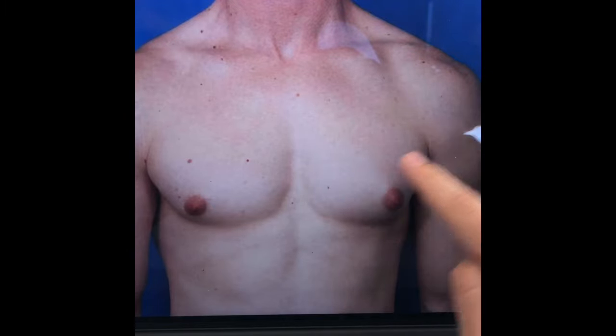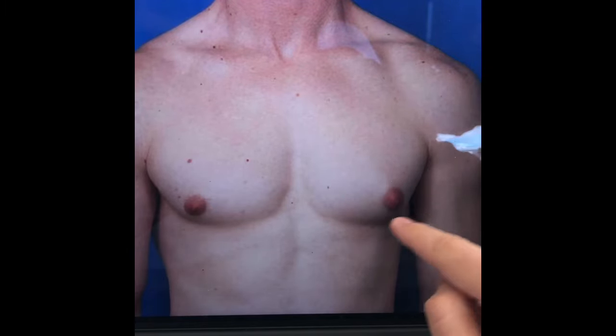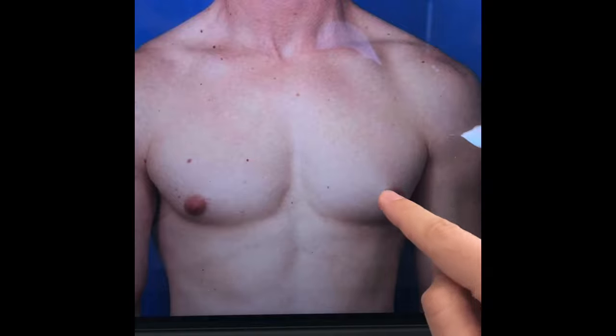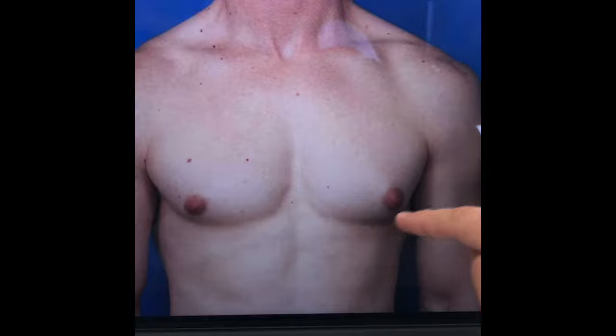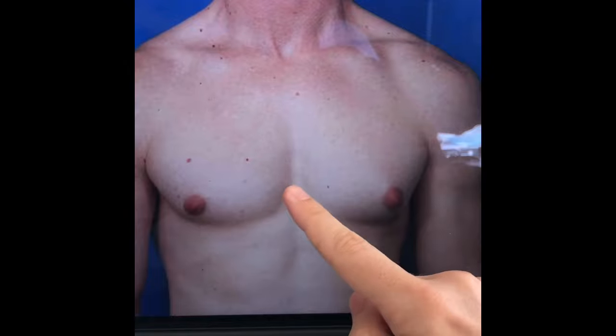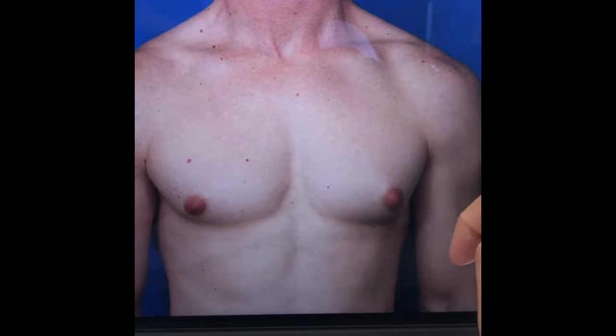He doesn't have much fat, maybe something here near the areola, but he is very fit. He has a pectoral muscle which is very well accentuated and developed. He has this almost perfect synmastia, or cleavage. Let's say cleavage is a term for ladies.